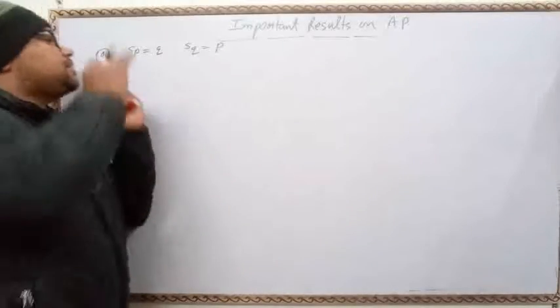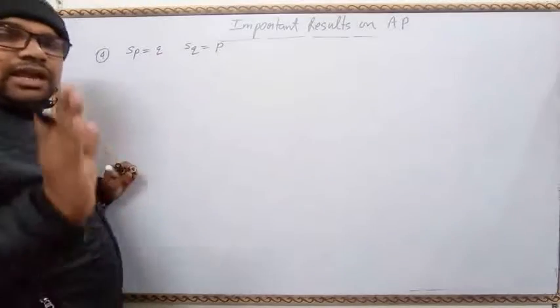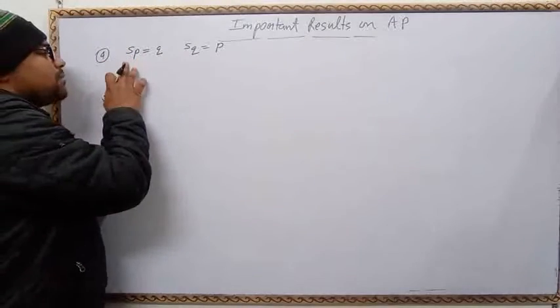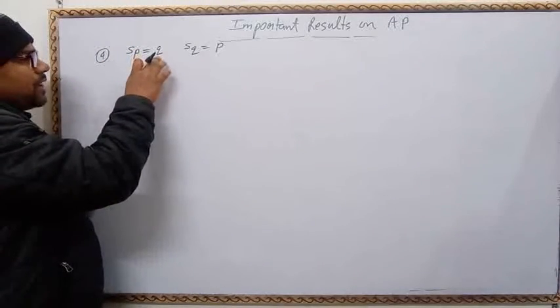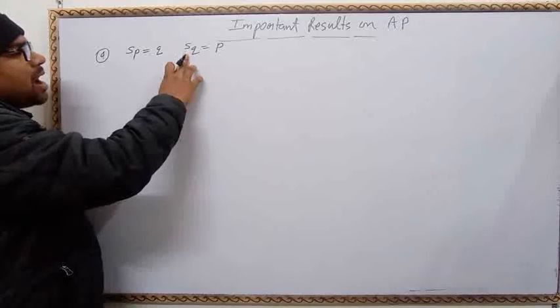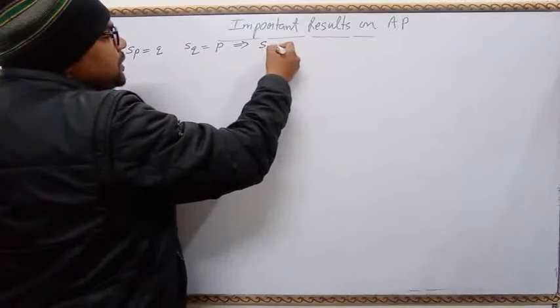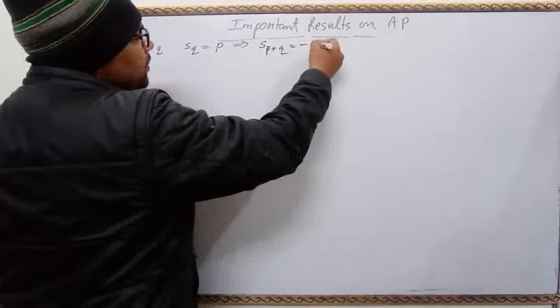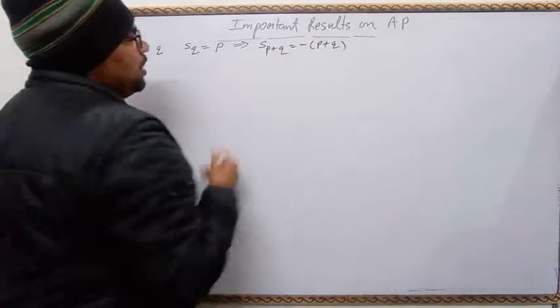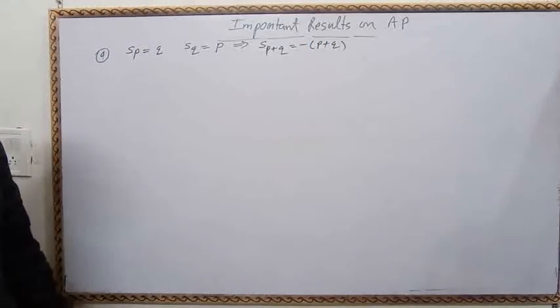But here, the sum of P terms of an AP is Q and the sum of Q terms is P, then S(P+Q) will be minus (P plus Q). It is the very, very most important beta.